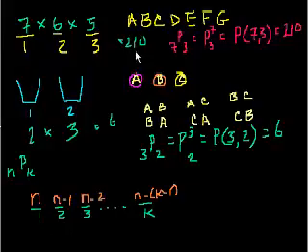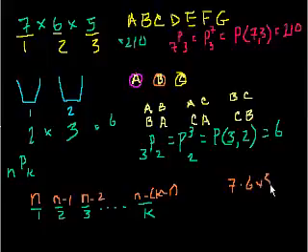Like when we did 7 things into three spots, we went 7 times 6 times 5. We literally put in the top 3 of, you could almost say, the factorial, right? 7 factorial would be 7 times 6 times 5 times 4 times 3 times 2 times 1.